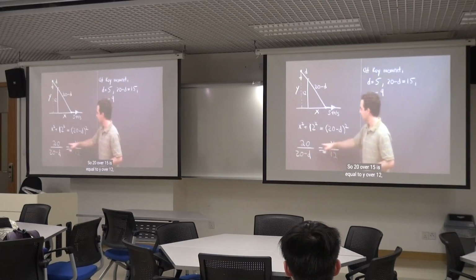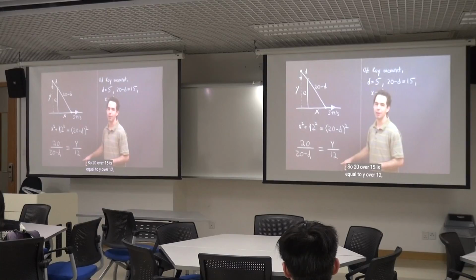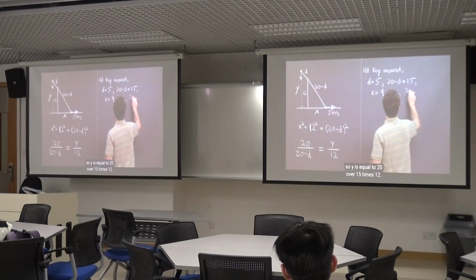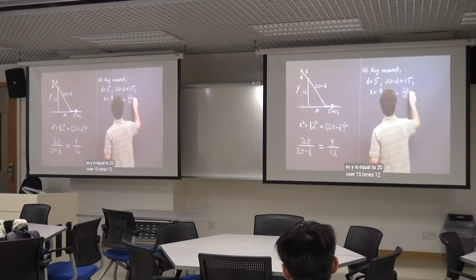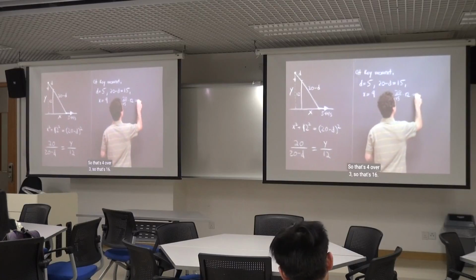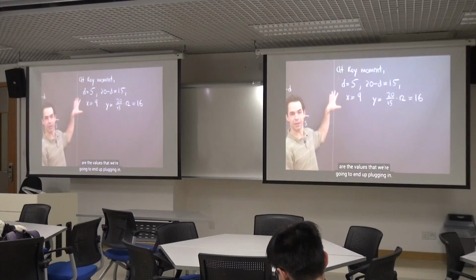So 20 over 15 is equal to y over 12. So y is equal to 20 over 15 times 12. So that's 4 over 3 times 12, so that's 16.